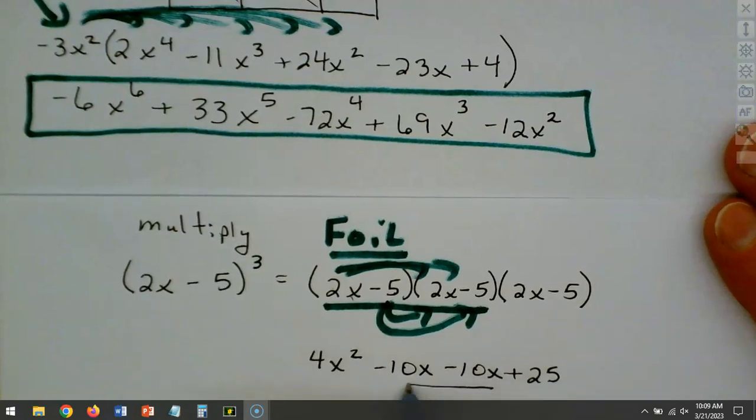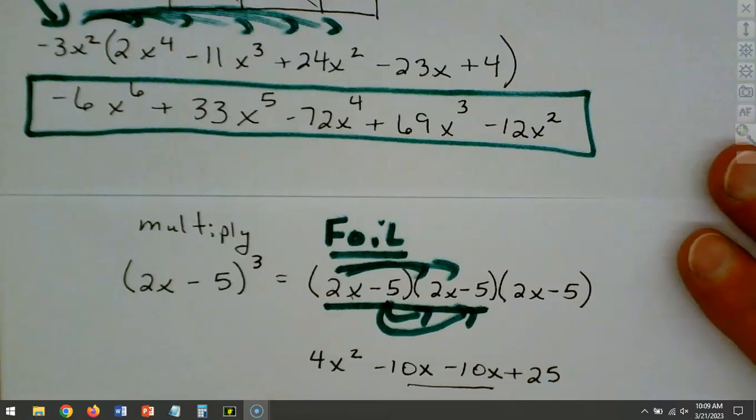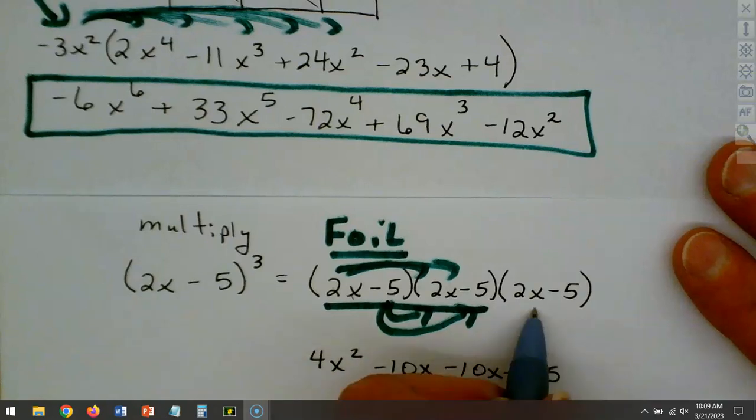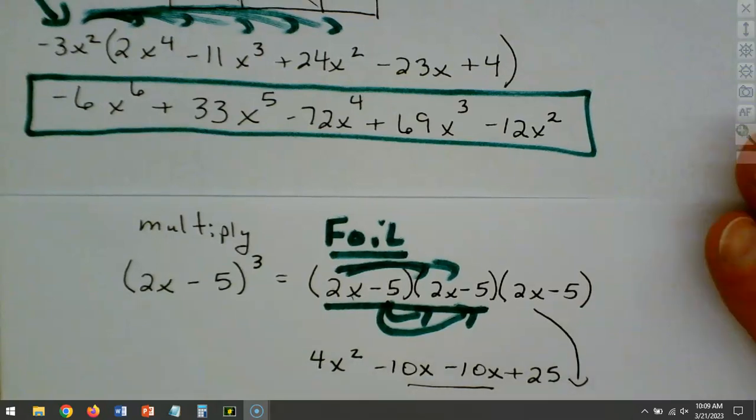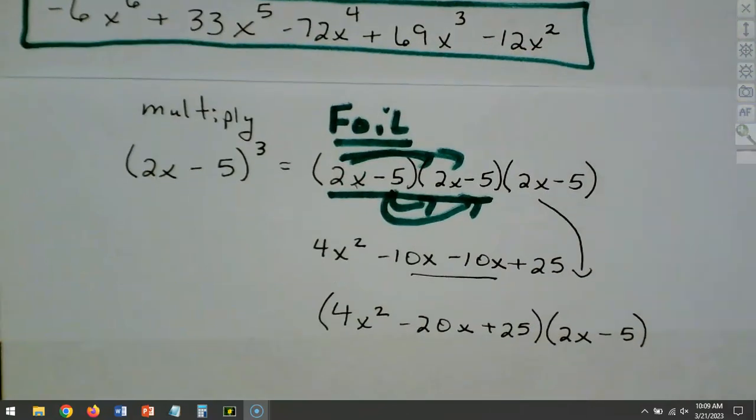The middles can go together. And that leaves you with 4x squared minus 20x plus 25. And what's still out in front of it? Well, out in front we would have a 2x minus 5. So let me move this up so we can see here.